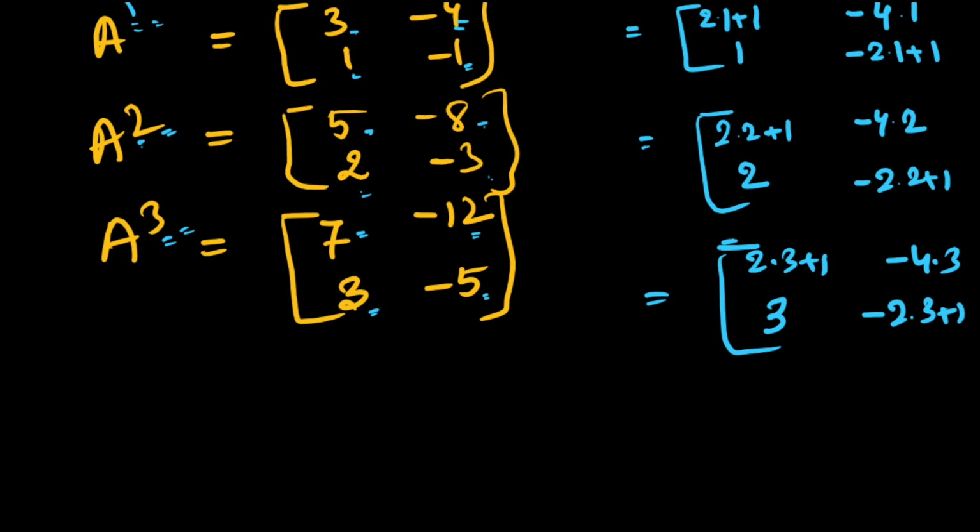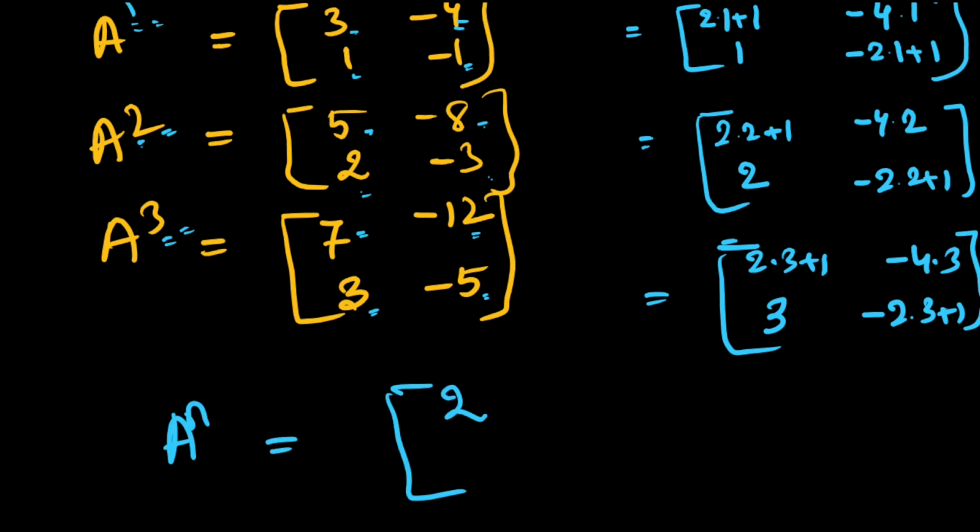So we got this pattern, and we can easily write A power n. A power n is equal to [2n plus 1, -4n; n, -2n plus 1].